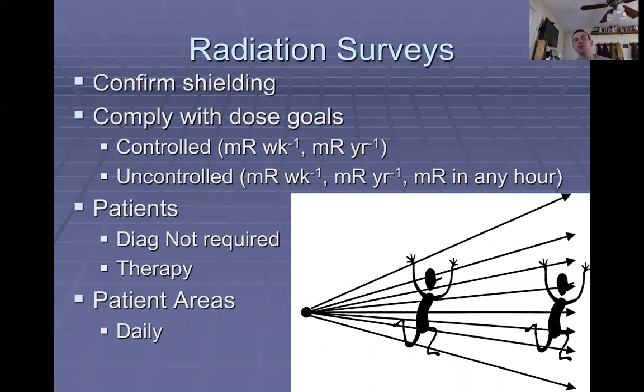So a lot of times we will take measurements of these patients either once and then let them go, or we can take measurements daily for a couple of days if they're in-house, for them to get to a point where they can be taken off of radiation isolation, which is essentially no more radiation precautions for them. That changes procedure for the nursing staff, for the physician staff, for housekeeping.